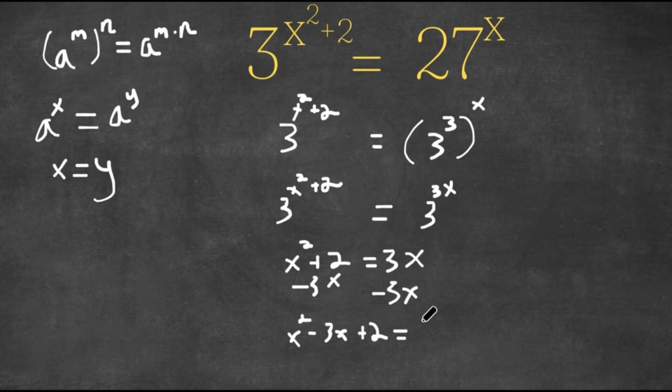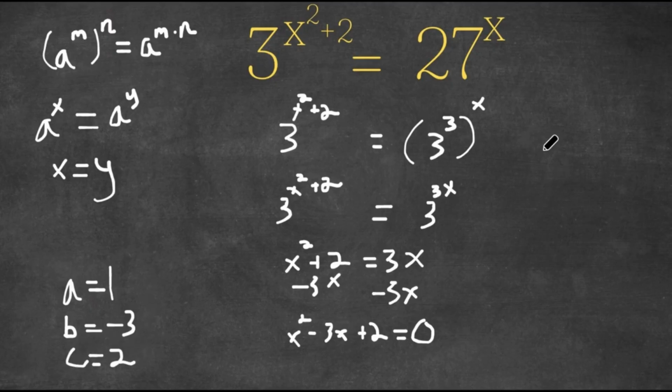equals 0. And now, as you can see, we have a quadratic equation, meaning we can find the solutions to this using the quadratic formula, which is negative b plus or minus the square root of b squared minus 4ac divided by 2a. So a is 1 because there is no coefficient here. B is negative 3 and C is 2.